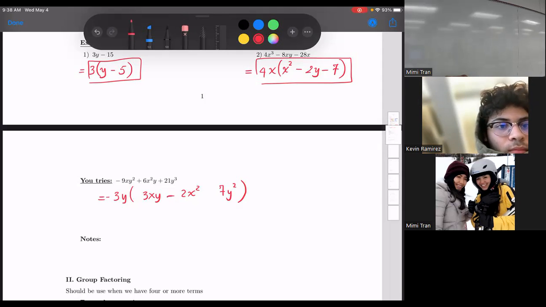The next one will be negative, right? That's why I have little notes here. That's okay. You always factor out the negative for the highest power. Right, this is a bad example, but we'll continue.